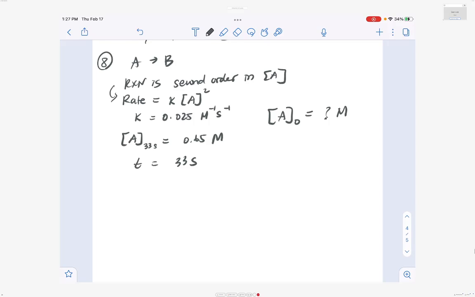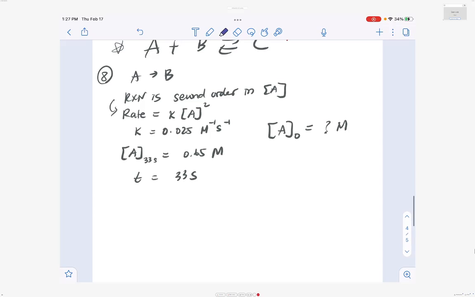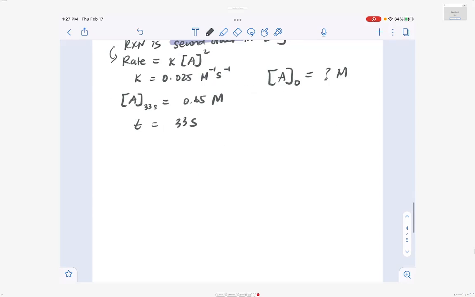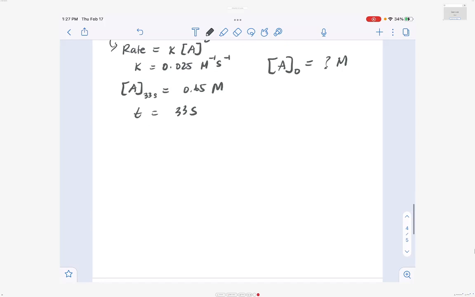Okay, because this is a second order reaction, we need to bring in the second order reaction equation, which is 1 over [A] equals 1 over [A]0 plus kt.